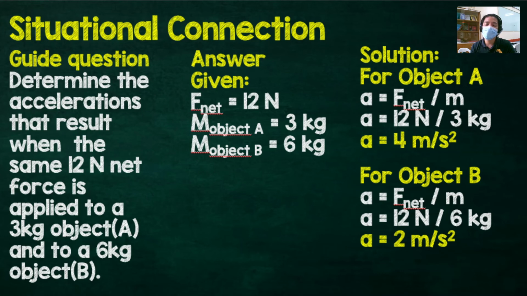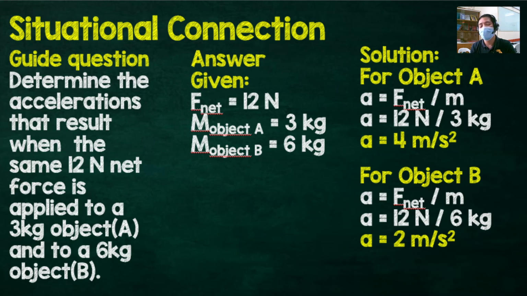Let us notice that different masses of the objects also result in different accelerations. A 3 kilogram object with a constant force gives us 4 meters per second squared acceleration, and a 6 kilogram object gives us an acceleration of 2 meters per second squared.